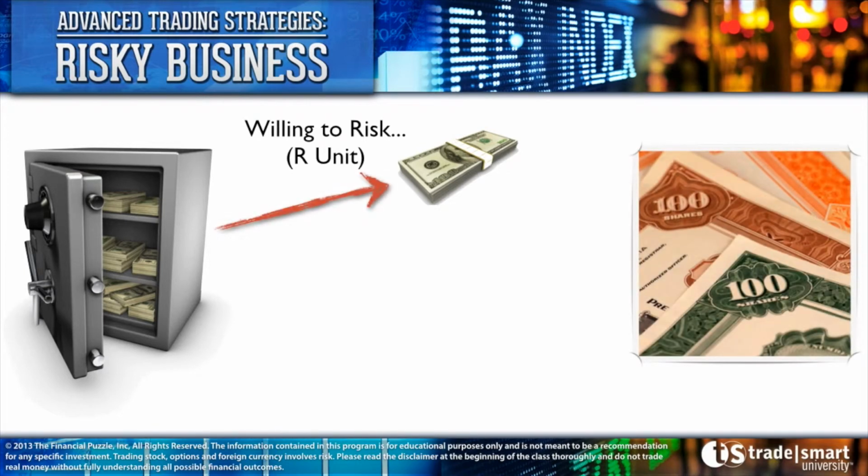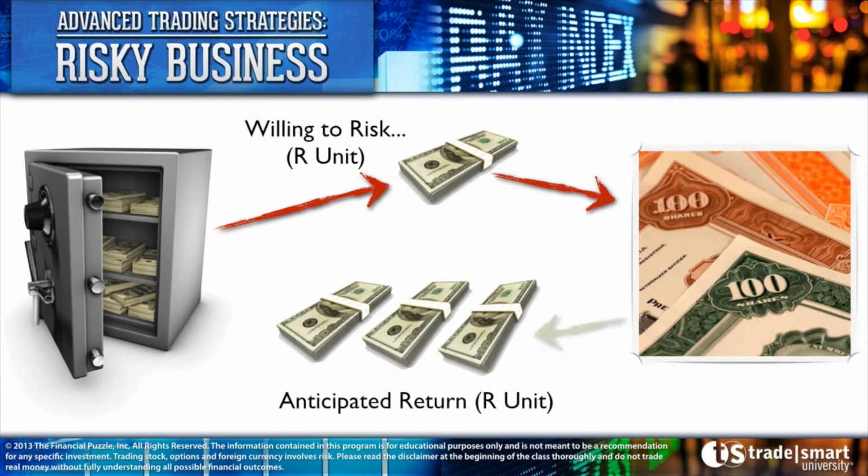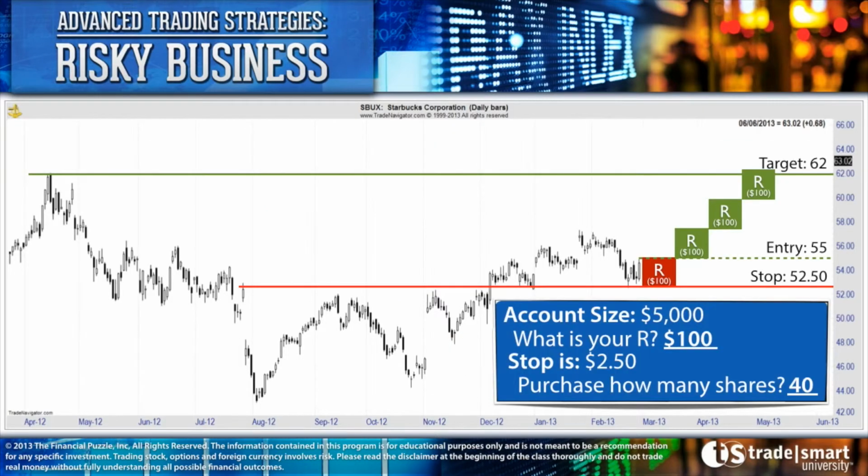You put that risk unit into the marketplace, and if the trade goes in your intended direction, you would anticipate at least a likelihood of making 3 return units on that one risk unit to put back in the vault, and then you continue that cycle again and again. I thought that was a nice visual to share.